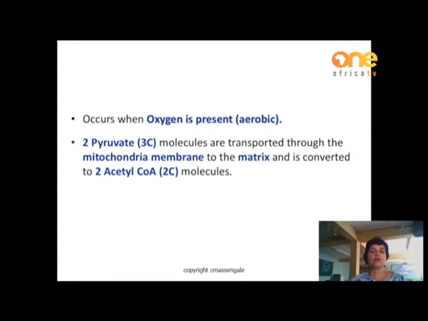And you do not have to know in which molecules it is converted. But we move now to the Krebs cycle, and this part needs oxygen to be present. The 2 pyruvate molecules are now transported to the matrix of the mitochondria.